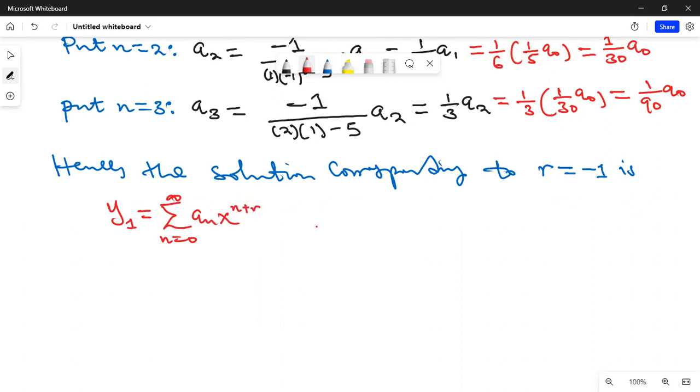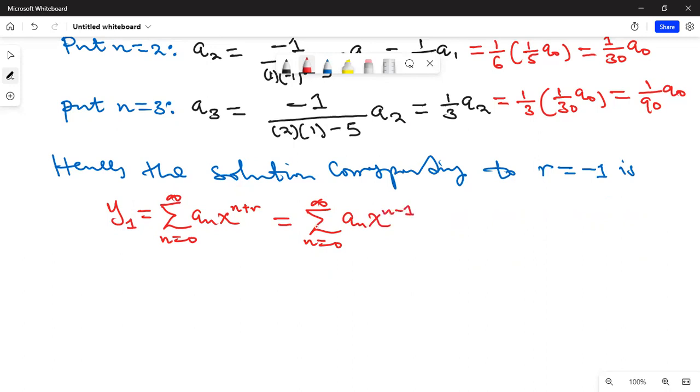But r is -1, so this is the same as the sum from n is equals to 0 to infinity an x raised to n minus 1, because r is -1.